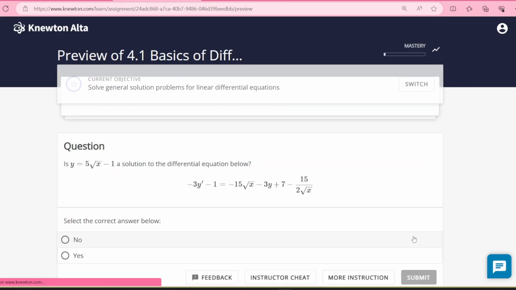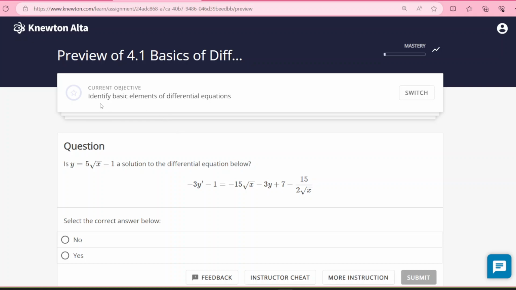Moving on. All right, so they've switched objectives on us. Now it's identify basic elements of differential equations. All right, so this question is just asking us to verify that a given function, so see y is a function of x here, verify that that is a solution to the differential equation below.